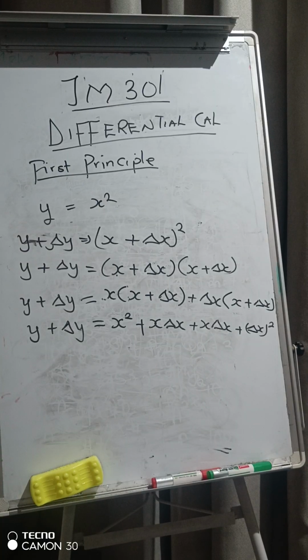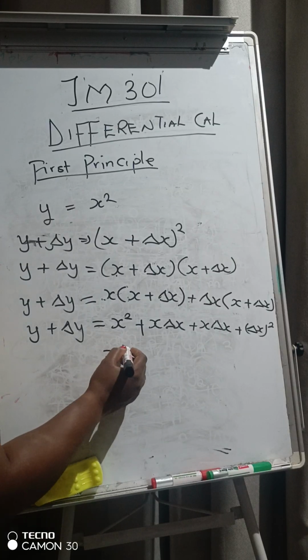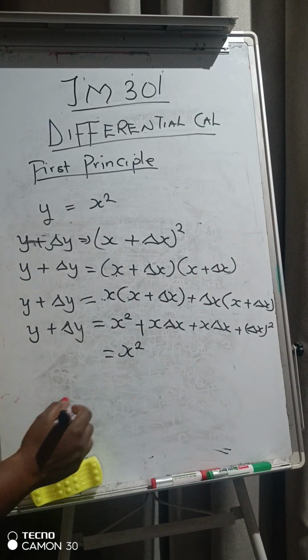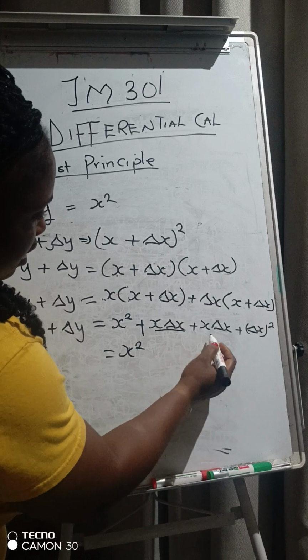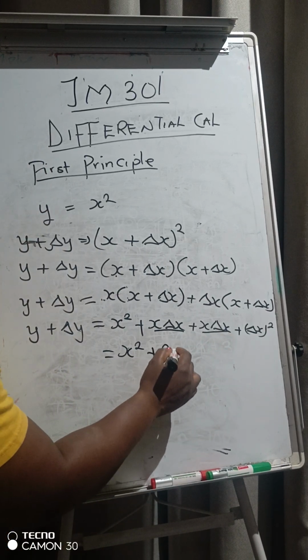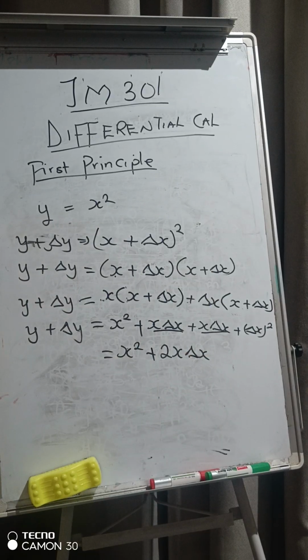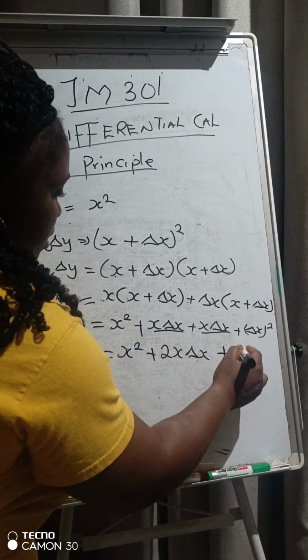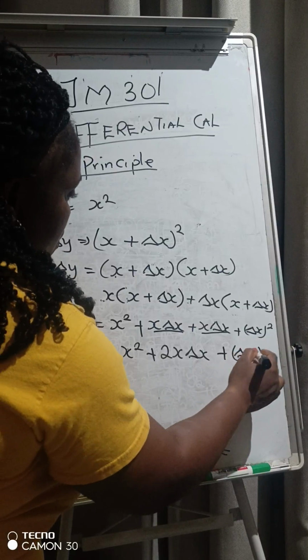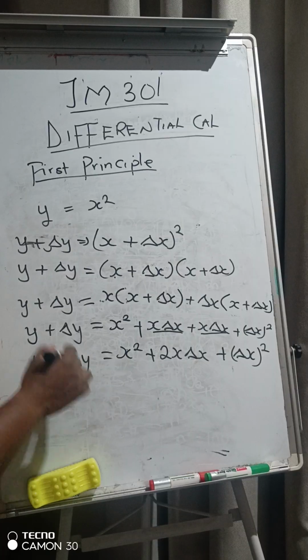So let's proceed by simplifying the right hand side. So if you see this and this term, they are the same. So we have two of them the same as each other, right? Then plus the change in x all squared, equals y plus change in y.